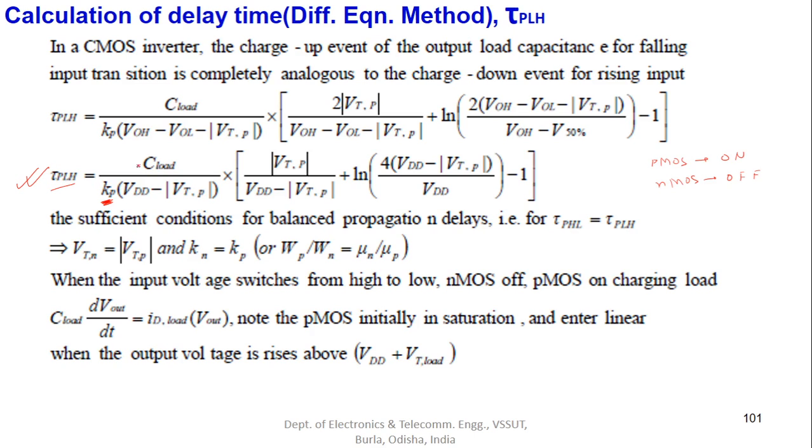So the common term is similar when you compare. Inside we have two terms. One is mod of VTP by VDD minus mod of VTP, plus log of 4 times VDD minus mod of VTP by VDD, minus 1. These are the two terms.